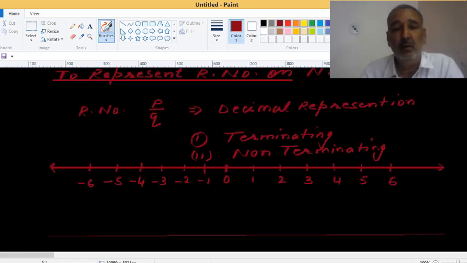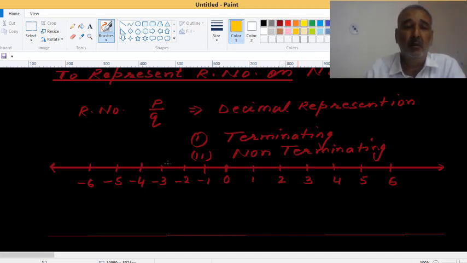Here, when I have to represent a number, let x be some number, 7. Then where do we have to locate this number?